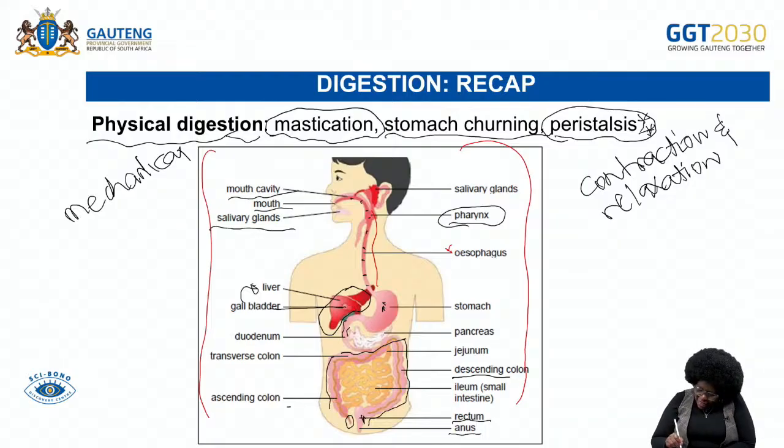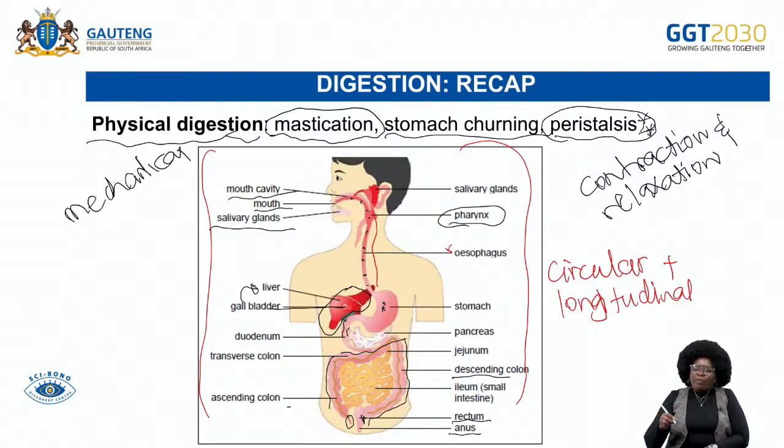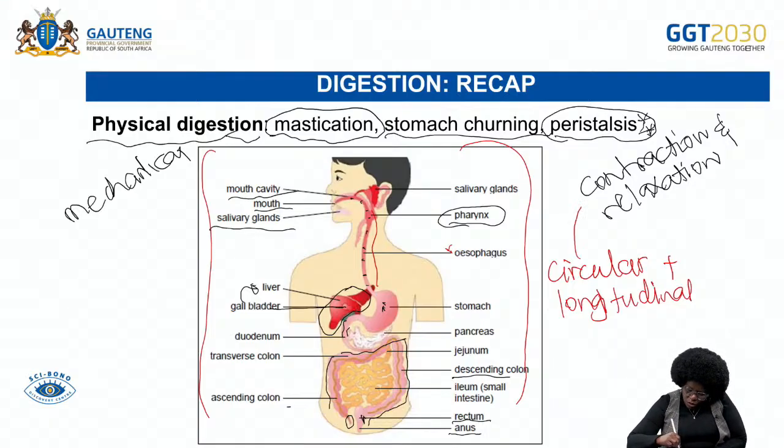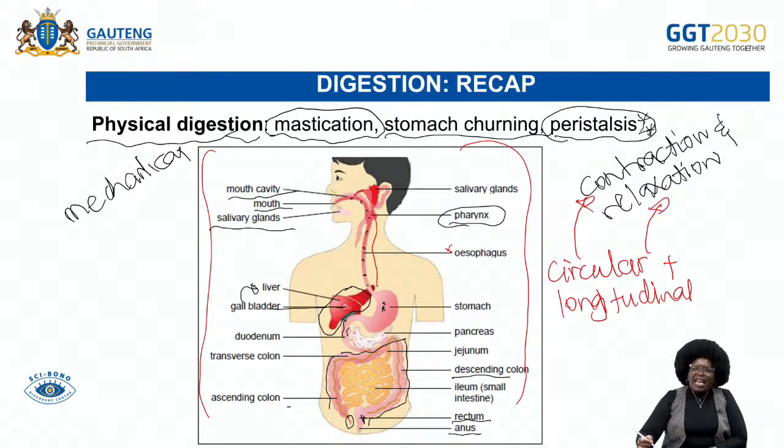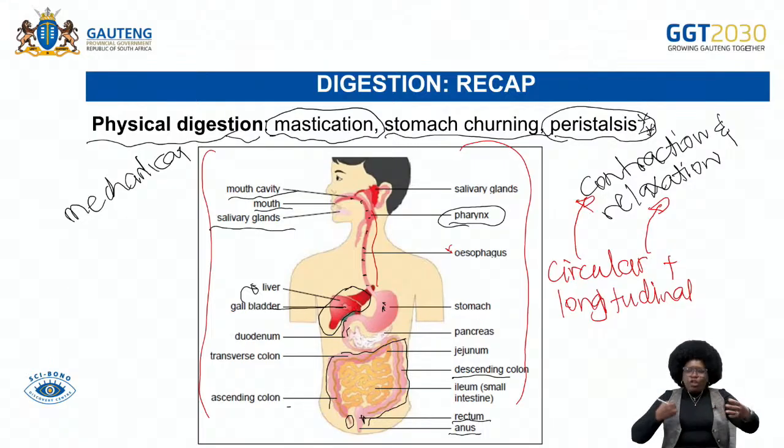As I showed you, this place here is only muscles. It's only circular and longitudinal muscles, which do what? They do contraction and relaxation. They contract and relax. And as they contract and relax, they allow the food bolus to move.